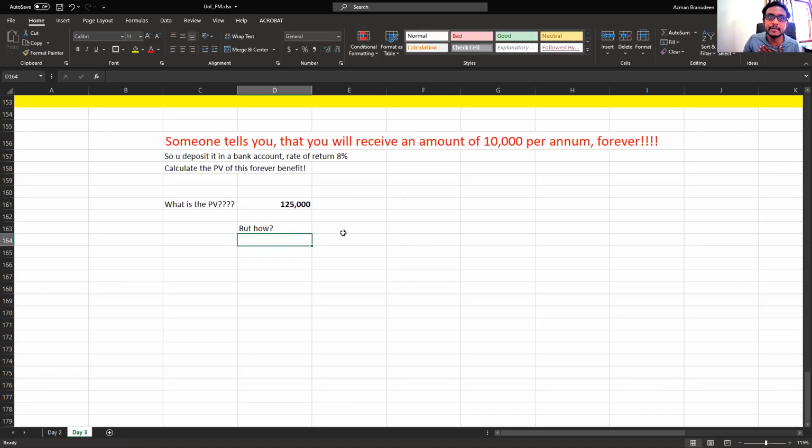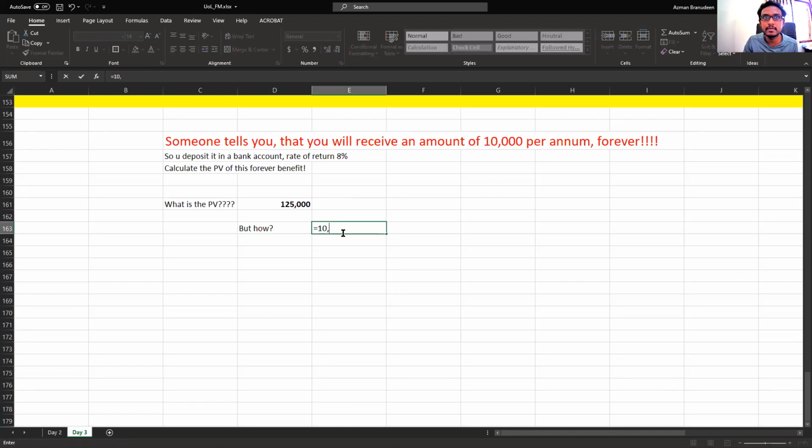Yes, 125,000. So cash flow divided by the rate, divided by 8%. Why? How does this work?